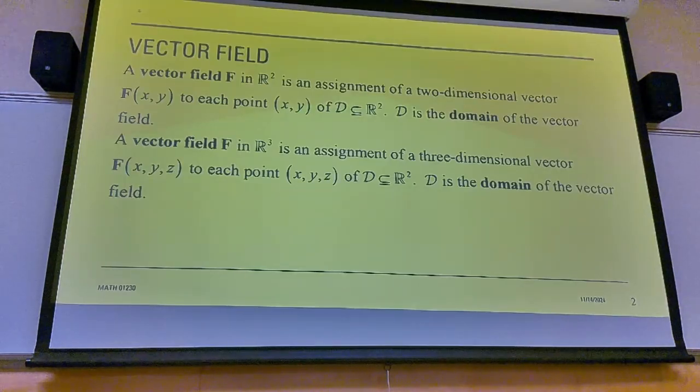Be advised that just because the vector field is an ordered pair, you could make that a three-dimensional vector. It doesn't have to be two-dimensional. Likewise, f of x, y, z doesn't have to be three-dimensional, it could be two-dimensional.